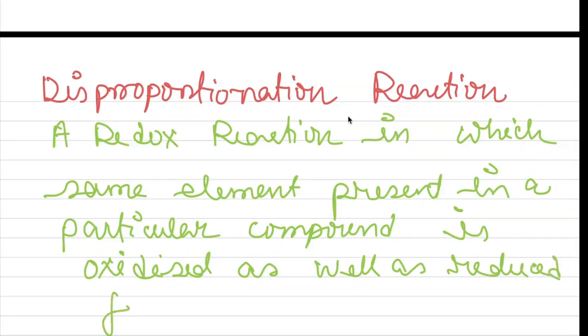Okay, so a redox reaction in which the same element present in a particular compound is oxidized as well as reduced. Okay, let's take one example.